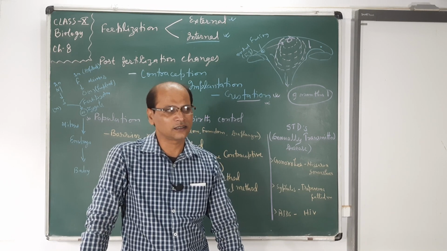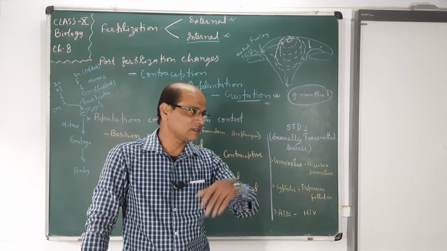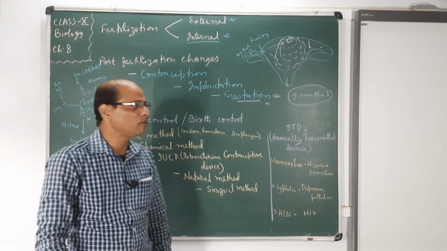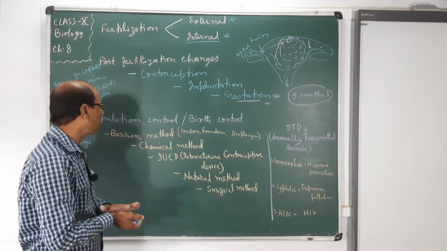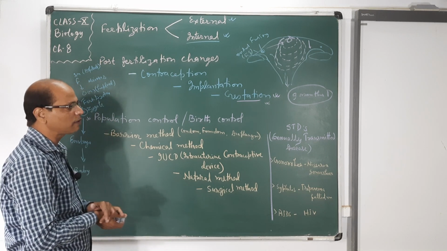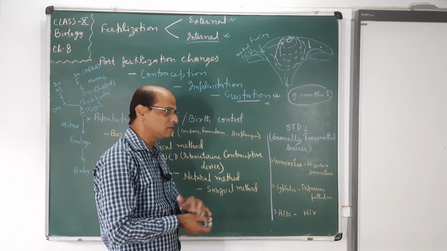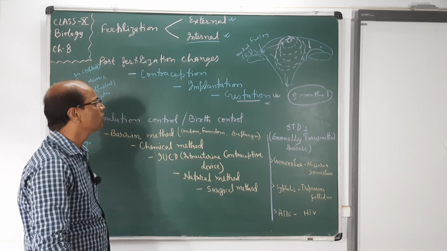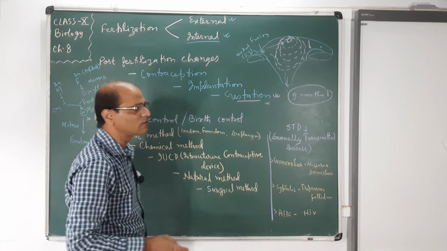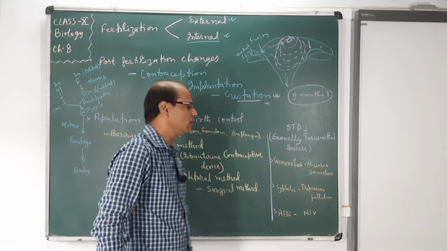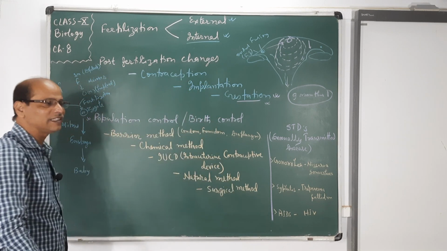In this modern situation, we have to minimize the population level or the number of members in our house. So the nuclear family is in practice now. That's why population control or birth control devices should be applied by the parents.